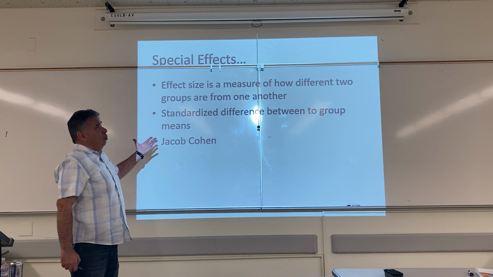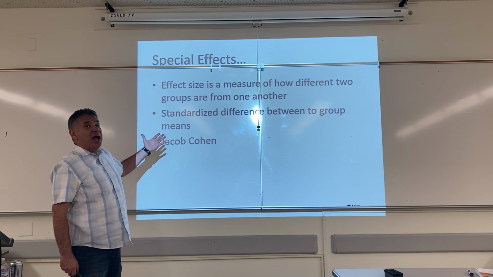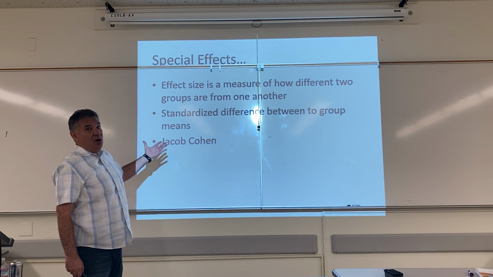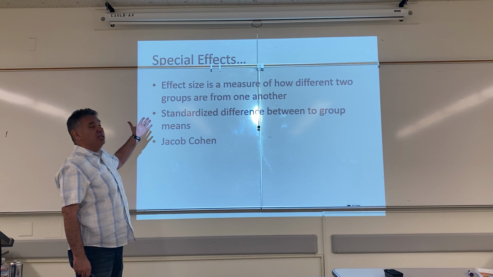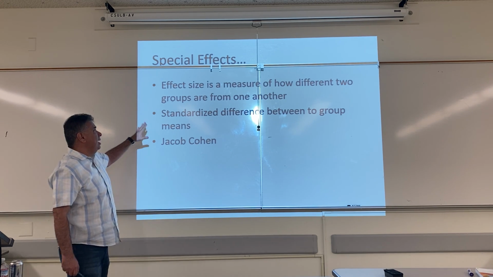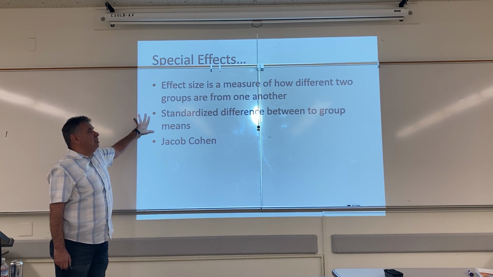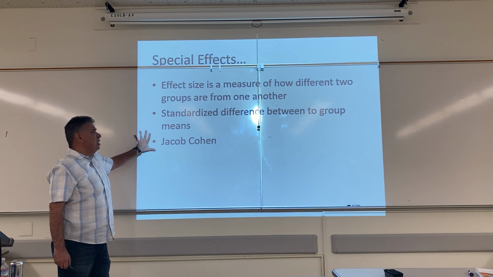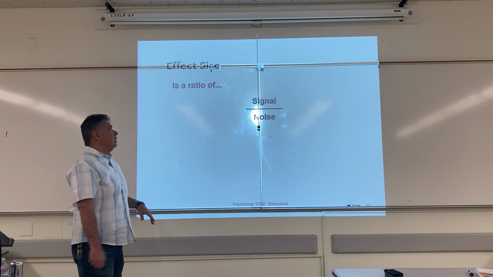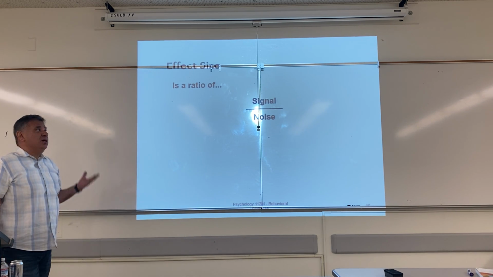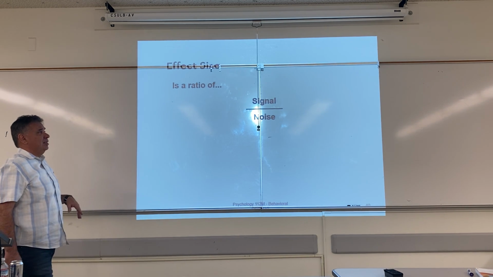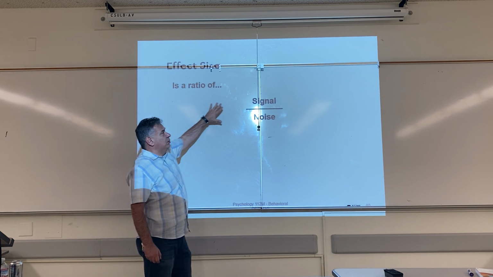But that doesn't tell us how big the differences are. And that's why we end up measuring effect sizes, right? It's a way of standardizing the difference between the two groups. Most of the influential work done in this area was done by Jacob Cohen. I want you to think of effect sizes like this: it is a ratio.